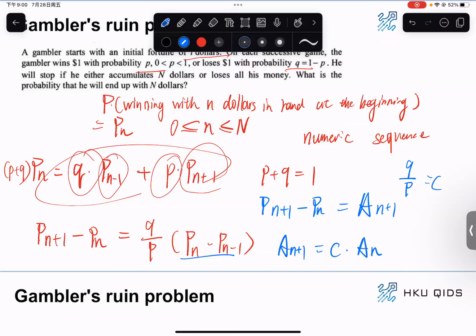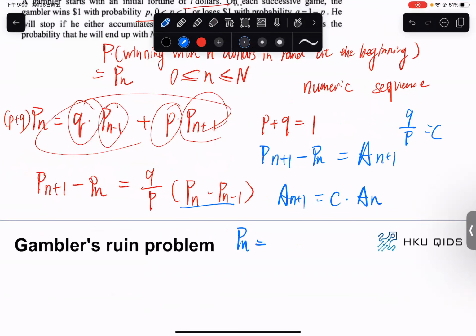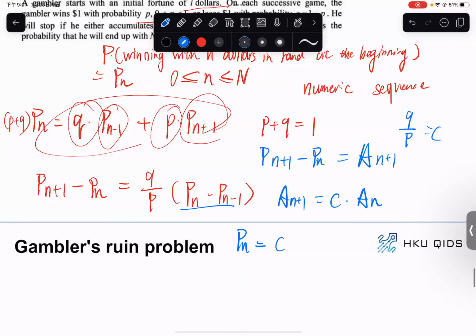And now it's just a geometric sequence. We can have that An is going to be C to the n's power times A1, right?